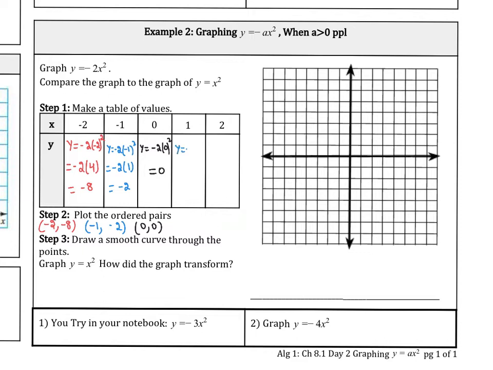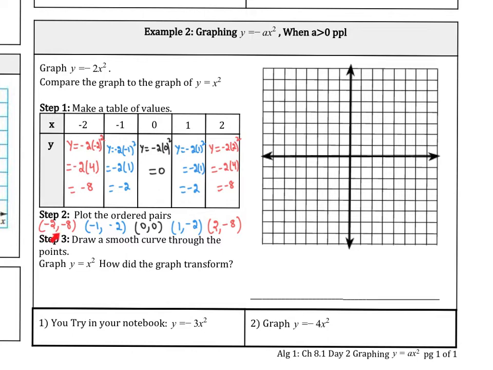And y equals negative 2 times 1 squared is negative 2 times 1, and the point is 1 comma negative 2. And last one is negative 2 times 2 squared. Negative 2 times 4 is negative 8, and the point is 2 comma negative 8.